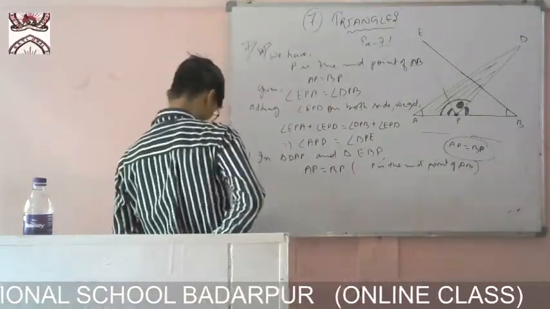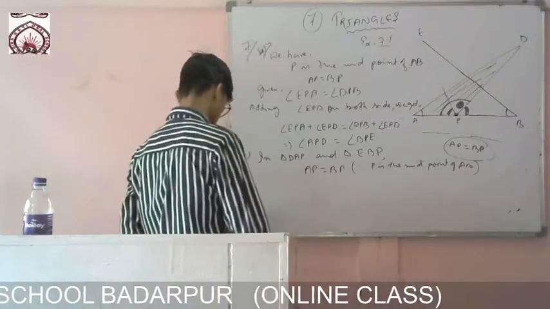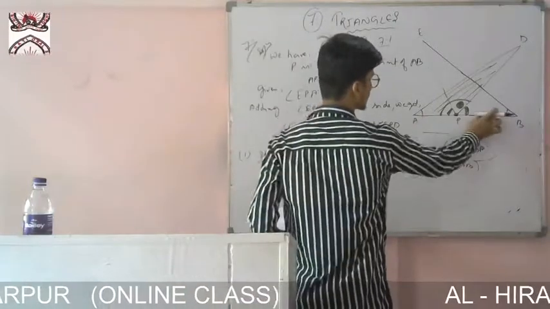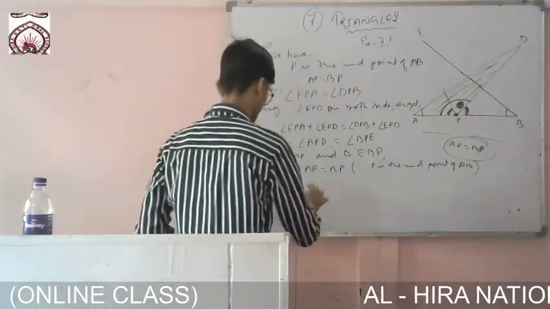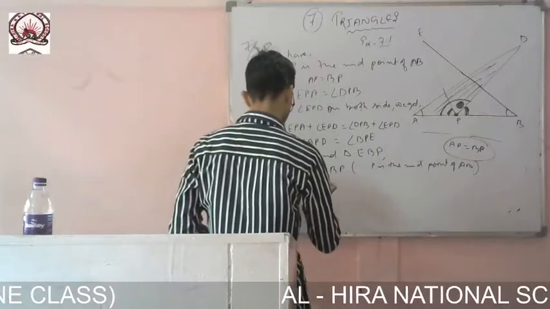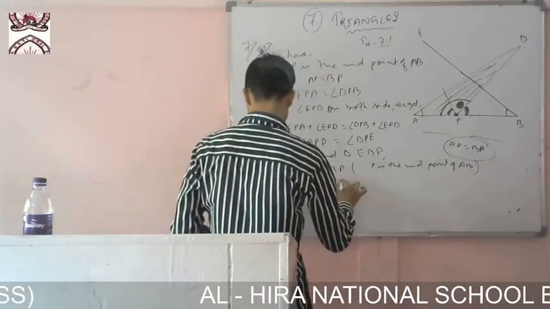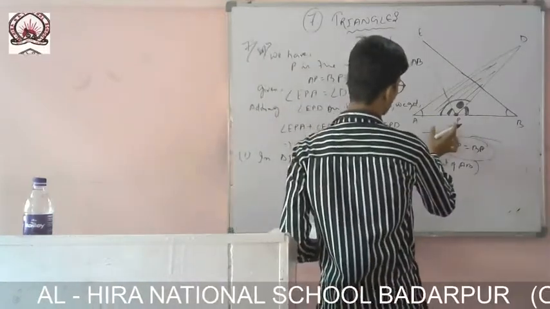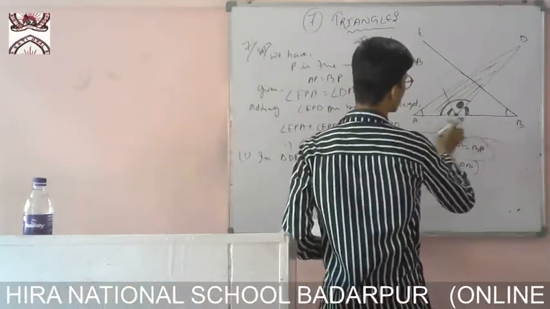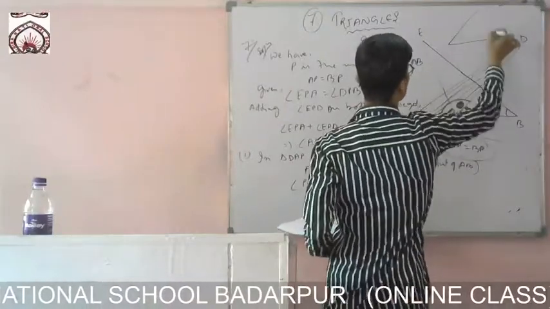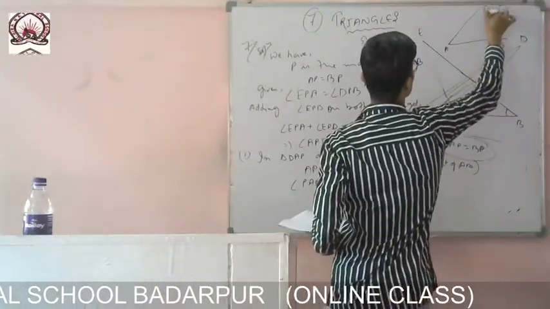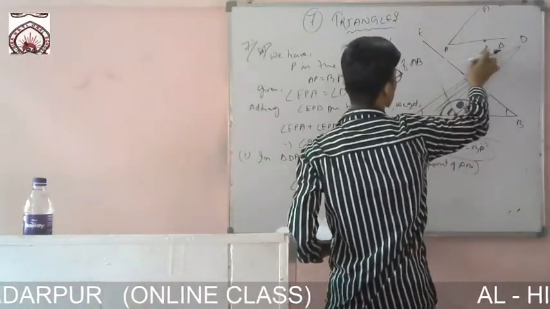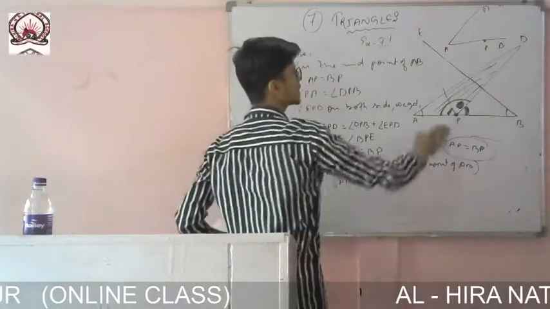Now you see, angle PAD, it is given, equals angle PBE, but actually this whole angle was not given. You see here it is given angle BAD, but P is a point on this line, so rather than writing BAD I can write PAD. Same thing, it will not change.